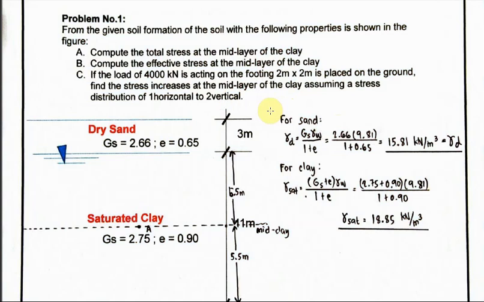First, we have to find the unit weight for the following soils. For instance, we have this dry sand. We all know that the dry sand is located above the water table. For everyone's information, this symbol is the notation for the water table.